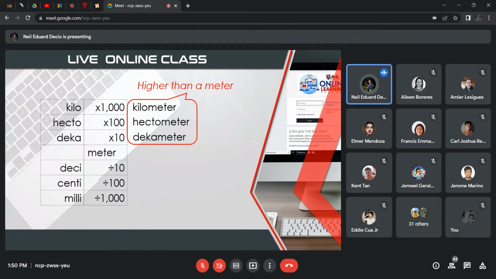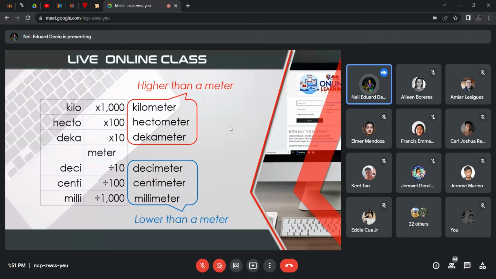Then we have the prefixes lower than a meter: deci, which makes a decimeter that is 10 times shorter than a meter, and so on, then centimeter and millimeter.